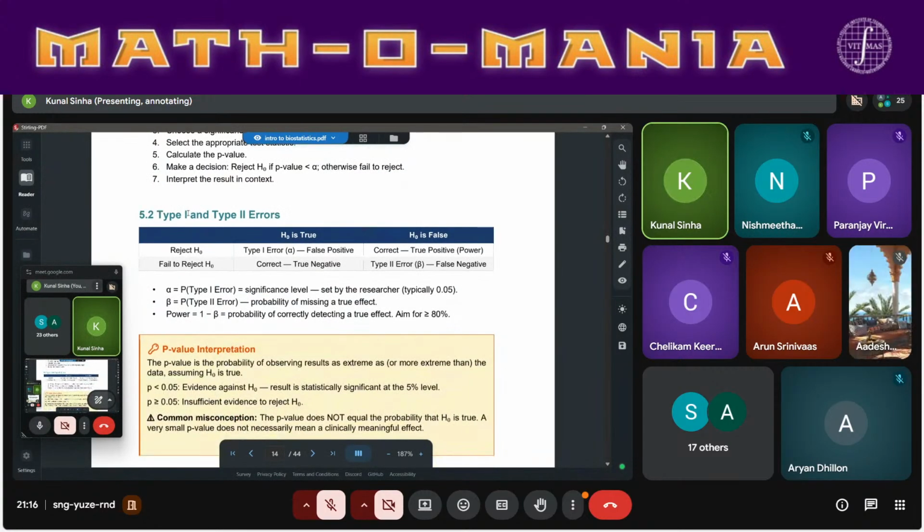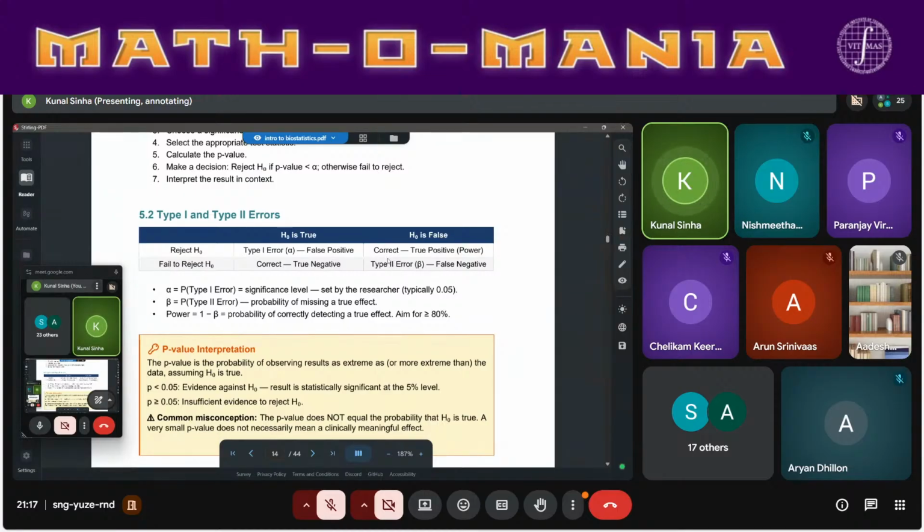Now, after this, we get errors. Everybody knows what an error is. It's a mistake or something that is not correct, basically. So there are two types of error: type 1 error and type 2 error. Type 1 error is the false positive, and type 2 error is the false negative.